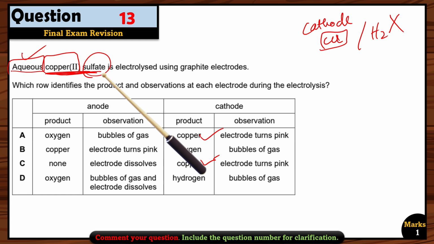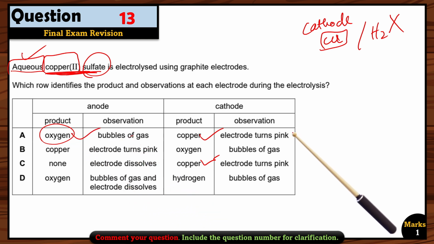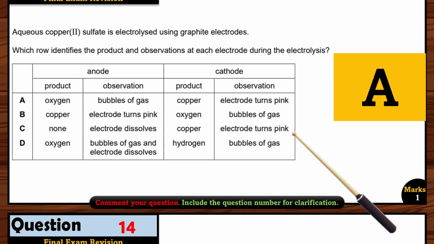So that's why oxygen will be the product at the anode for an aqueous solution. Where can you see oxygen? Yes, this option, so this option is right. Oxygen will give you bubbles of gas, and the electrode will turn pink. Why? Because the copper will start depositing on the cathode. So that's why option A is the right option.